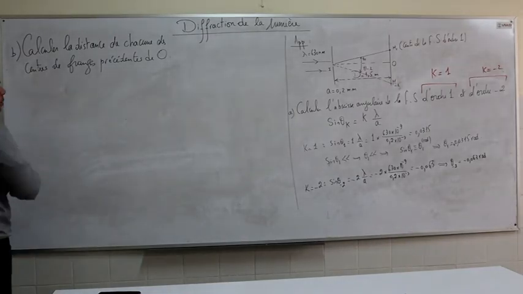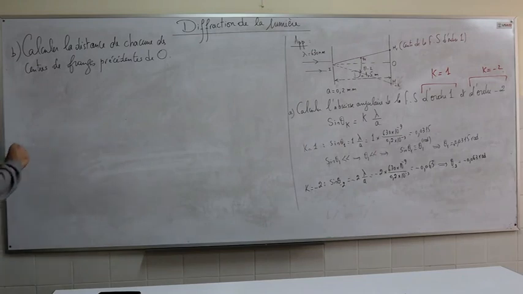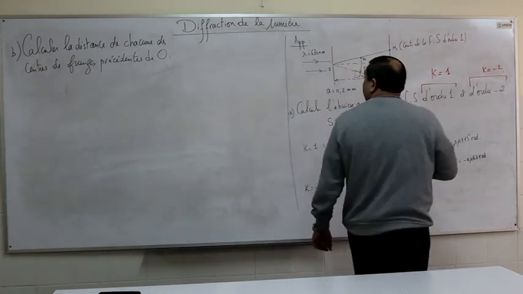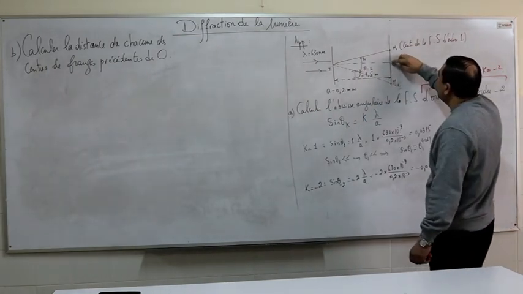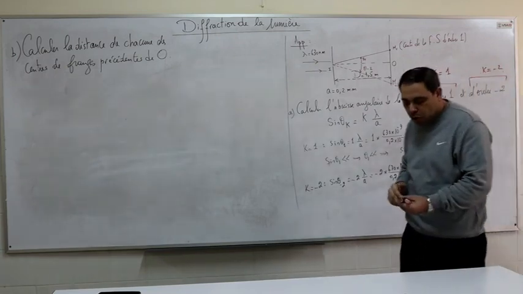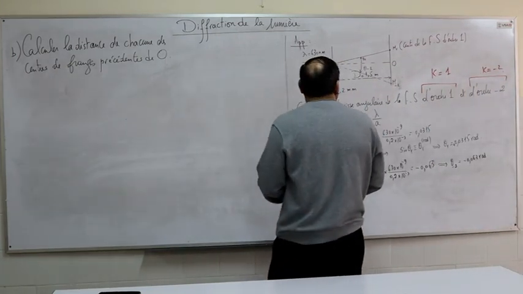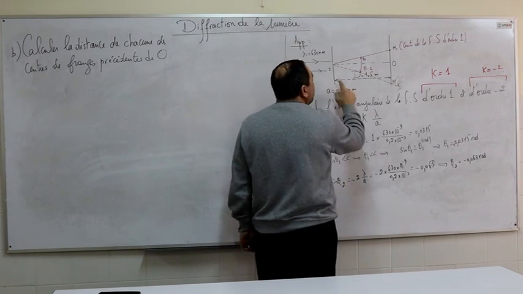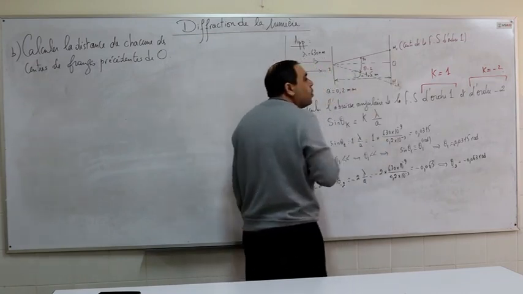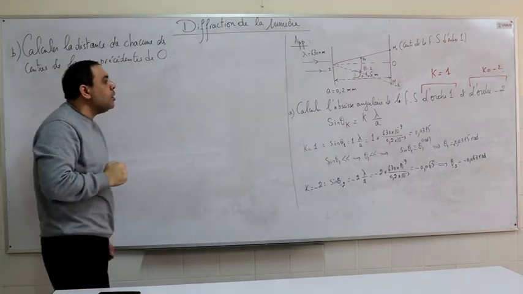The question here is, calculate the distance between O and the centers of each of the previous fringes. So we have to determine OM1 and OM negative 2. Now think of a way to determine OM1 knowing theta 1. So you think none other than the trigonometric function, the tangent.